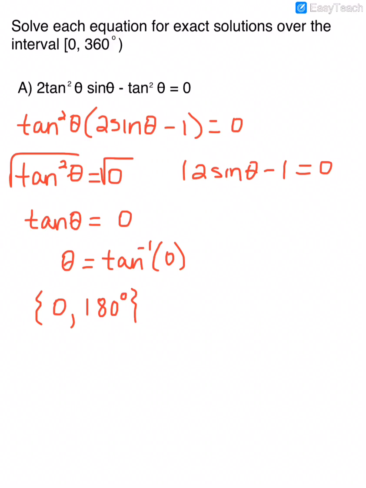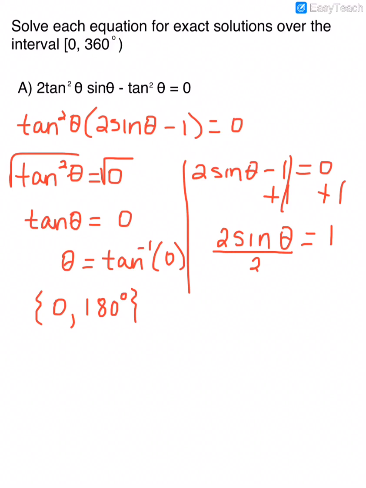Okay, and then for 2 sine theta minus 1, I need to solve for theta. So I'm going to add 1 to both sides. And I get 2 sine of theta equals 1. Divide both sides by 2.